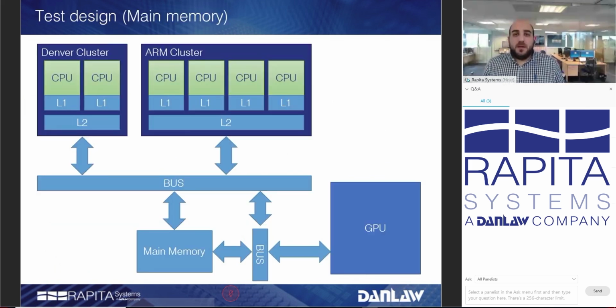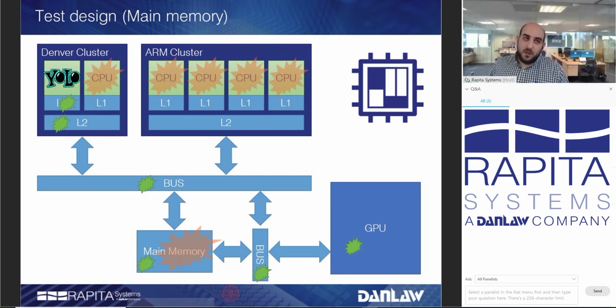So in this slide, we have a much simplified view of the hardware. The test that I will be demonstrating today has yellow executing on the first Denver core within the Denver cluster.